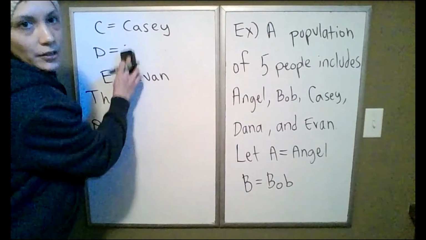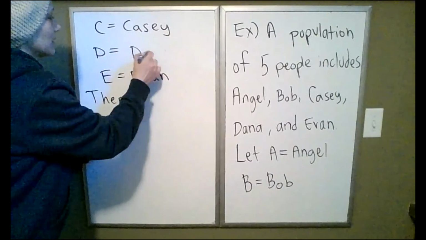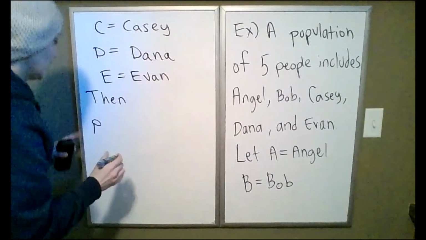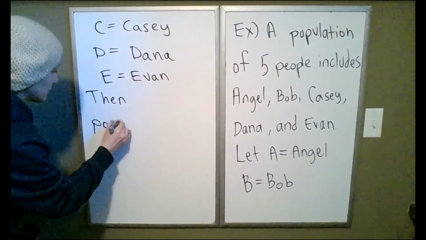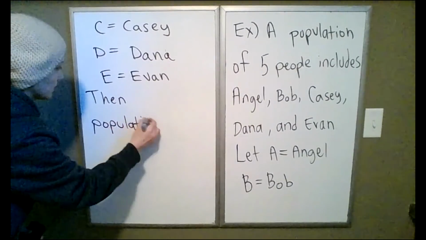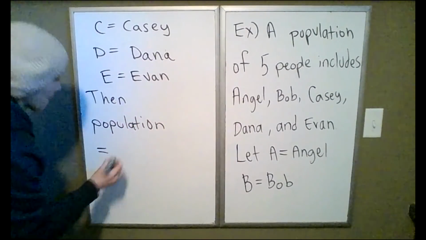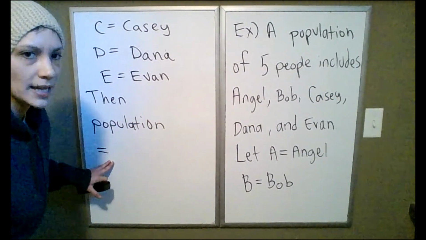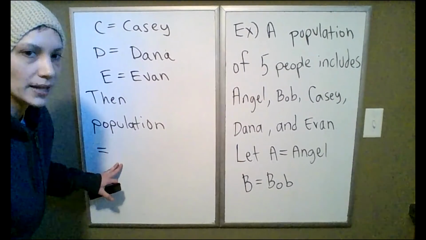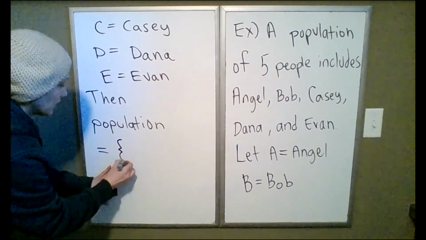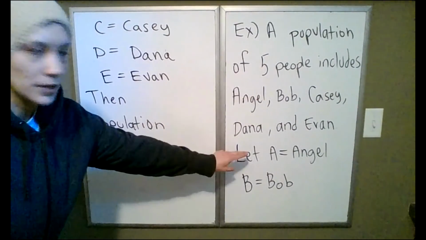Thank you for the correction. The population is the set. You start a set with a curly bracket. And then list each person once.